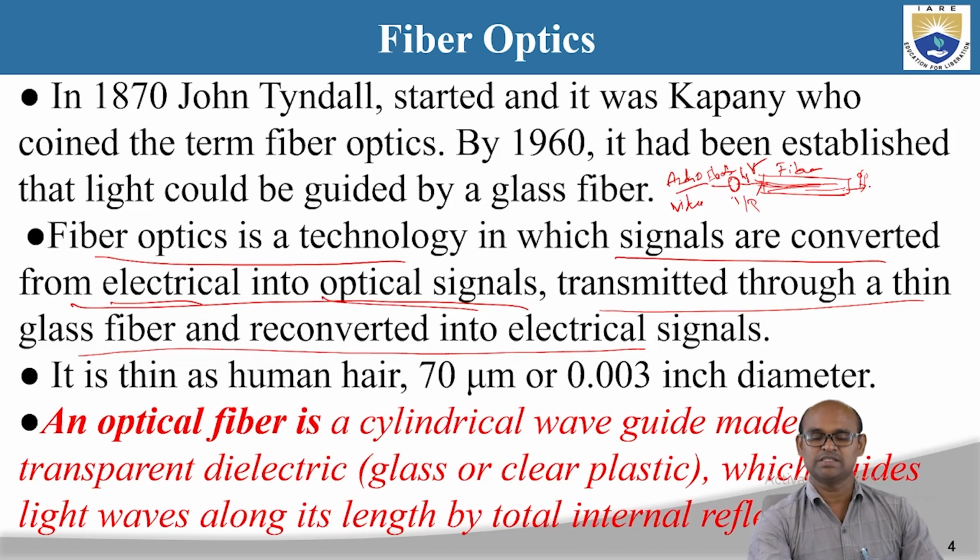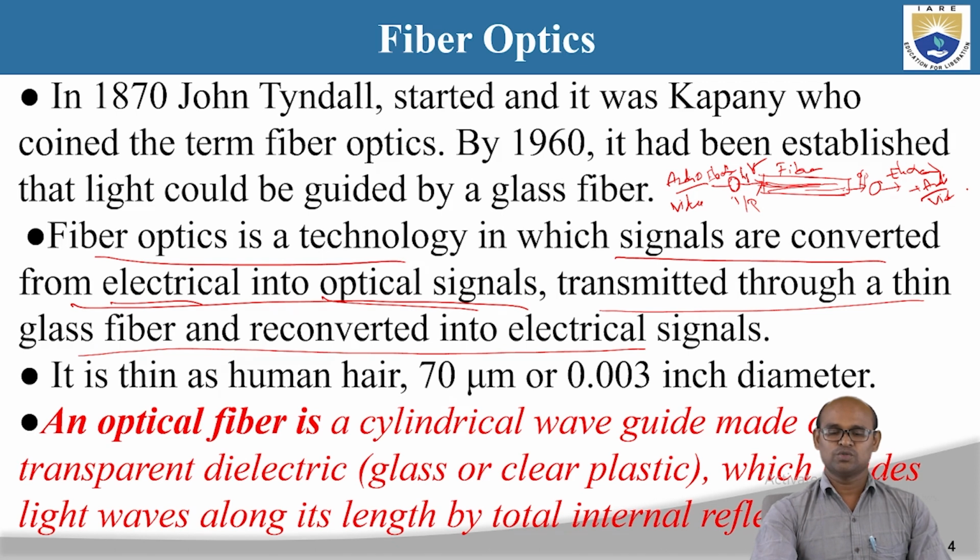This output light signal is converted again into an electrical signal, that is, the audio or video signal which you gave as input. This is how we use optical fiber in a communication system.